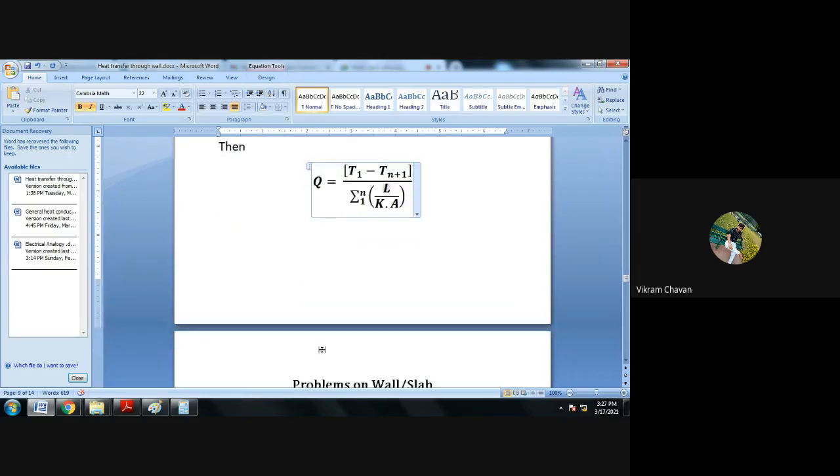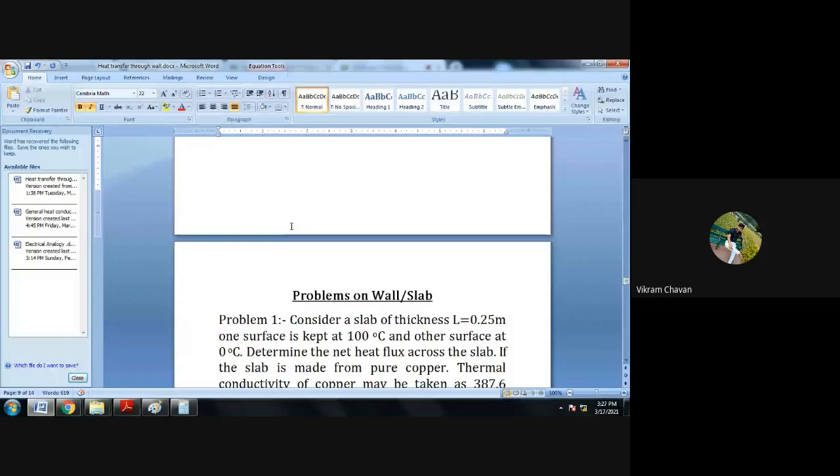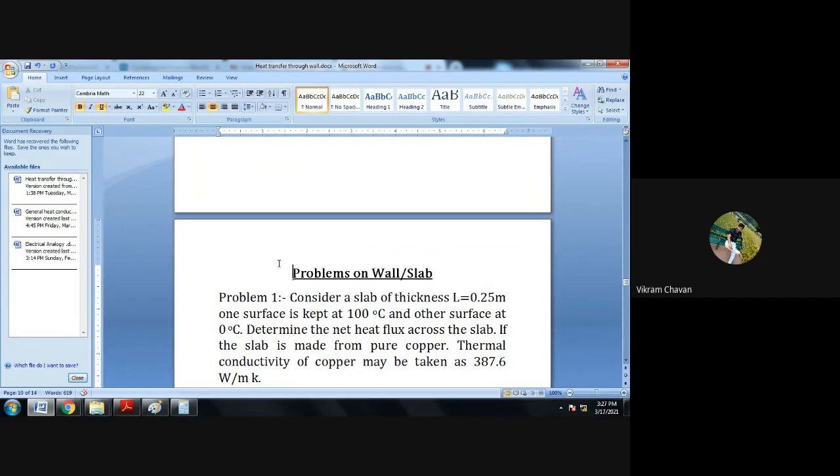Now next, problems on composite wall, or problems on wall of oblique slab. Keep your calculator with you. Problem number one. Write down the statement.